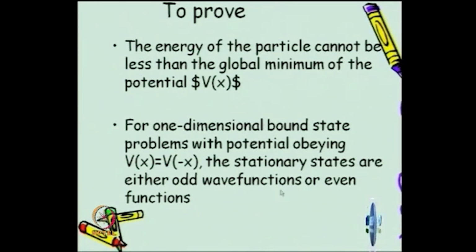You can show that the stationary states, at least for the particle in a symmetric box, minus L by 2 to plus L by 2, and also for the one-dimensional harmonic oscillator, I have tried to show you that the solutions are either odd functions or even functions. But we still have to prove this. We have also not proved that a bound state solution in one dimension is non-degenerate. So these two we will try to prove, and also we will do the double delta function on Friday.